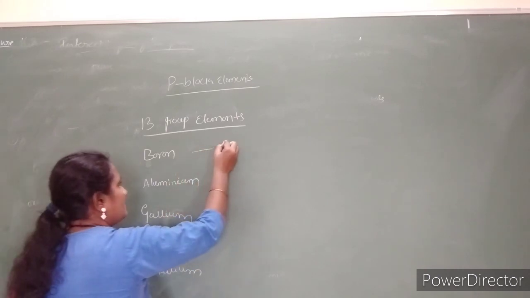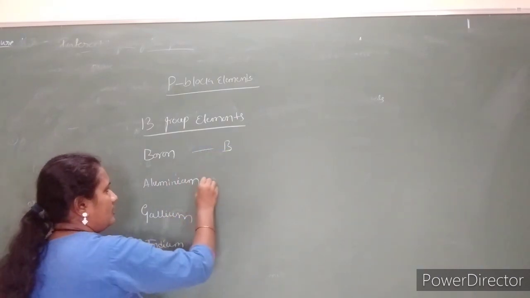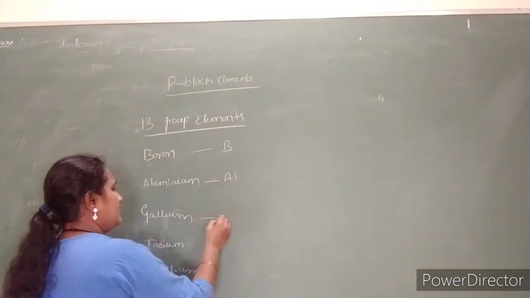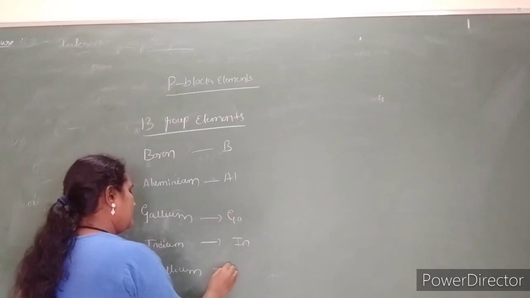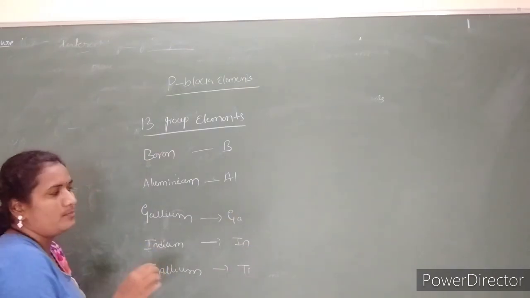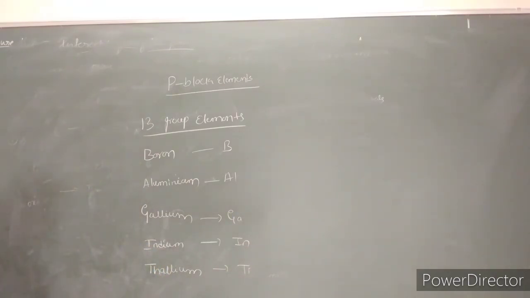So boron is symbolized as B, aluminium Al, gallium Ga, indium In, thallium Tl. Boron, aluminium, gallium, indium and thallium.